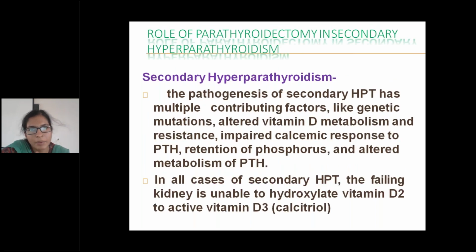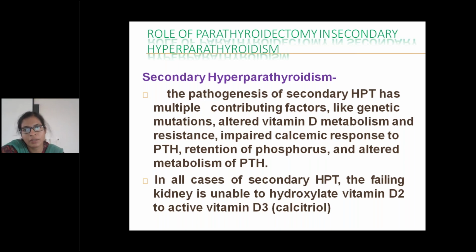And secondary hyperparathyroidism is secondary due to some other causes that lead to increased production of parathyroid hormone. These are genetic mutation, altered vitamin D metabolism resistance, impaired calcium response to parathyroid hormone, retention of phosphorus, and altered metabolism of parathyroid hormone. The main stimulus for parathyroid hormone is decreased calcium.